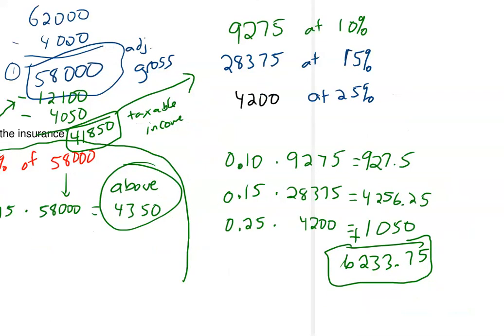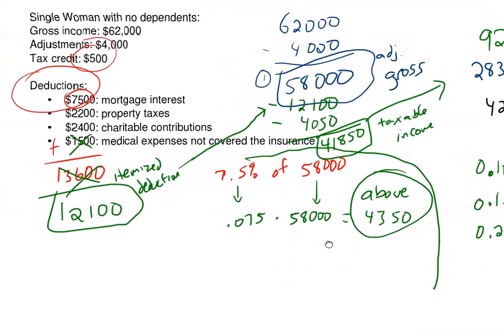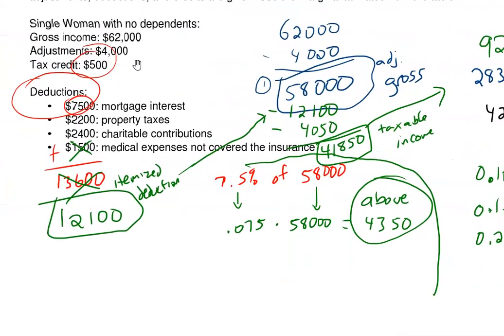All right, so I was just double checking to make sure I'm on track with what Mrs. Groover was getting on her notes, and we are, but I did forget, and I'm glad I double checked, that we have a tax credit that now gets applied, right? So this $500 tax credit, once you've calculated how much taxes you owe, we subtract the tax credits off of the amount that you owe to get the net amount that you have to pay, right?